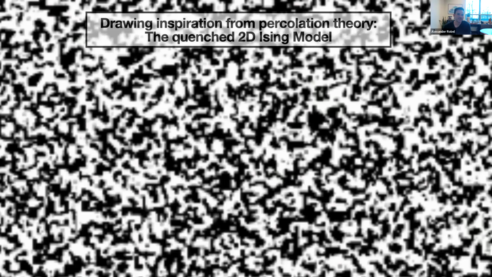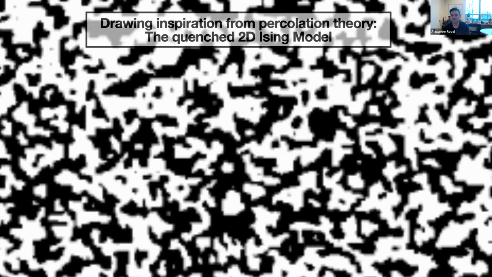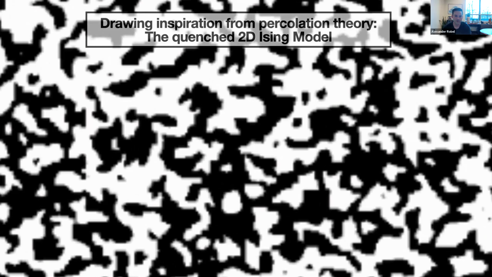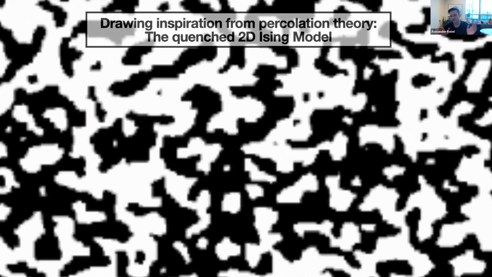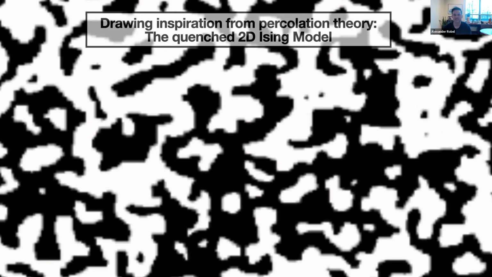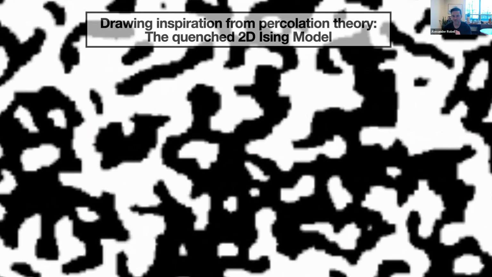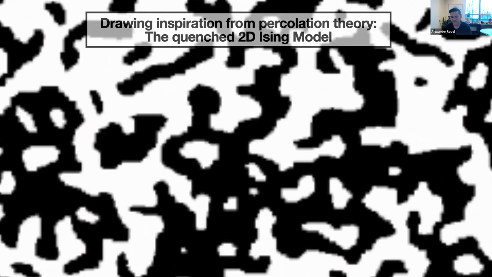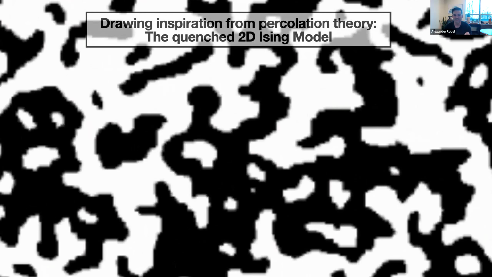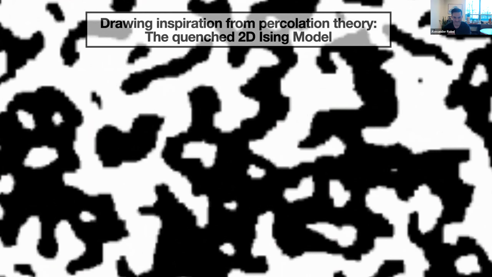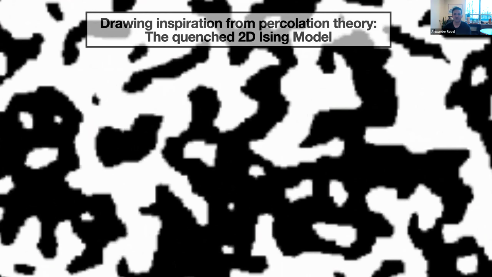So what I'm doing in this next part is drawing inspiration from percolation theory. If you've taken a statistical mechanics course, you've maybe seen animations like this. This is the classic 2D Ising model, the quenched form of that. Basically, this is a model where we have sites on a lattice, and we can randomly change those sites to be one of 2 states. If the state of a site agrees with the states around it, you are at a lower energy.